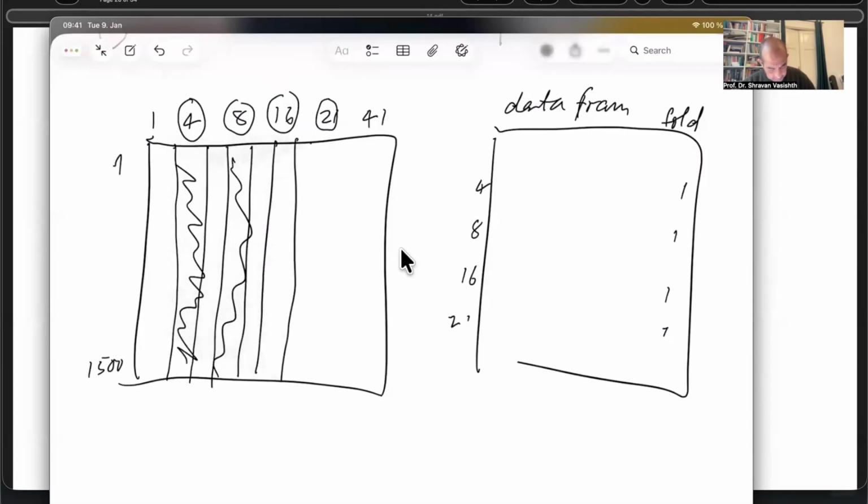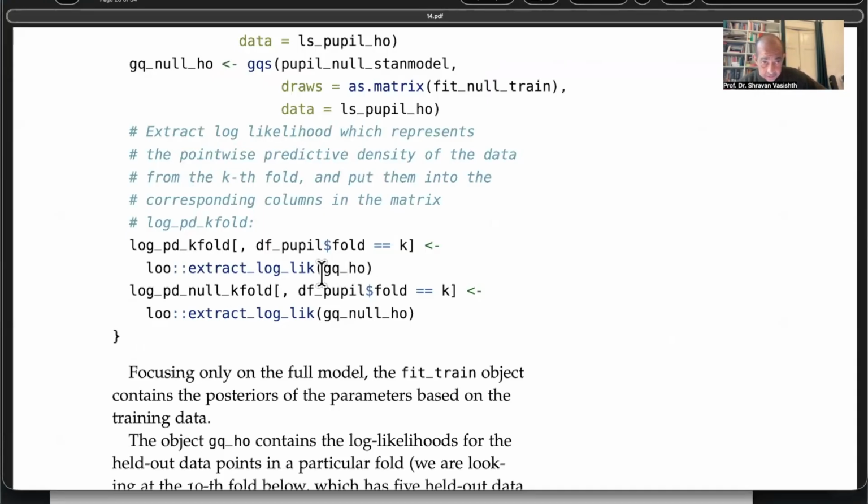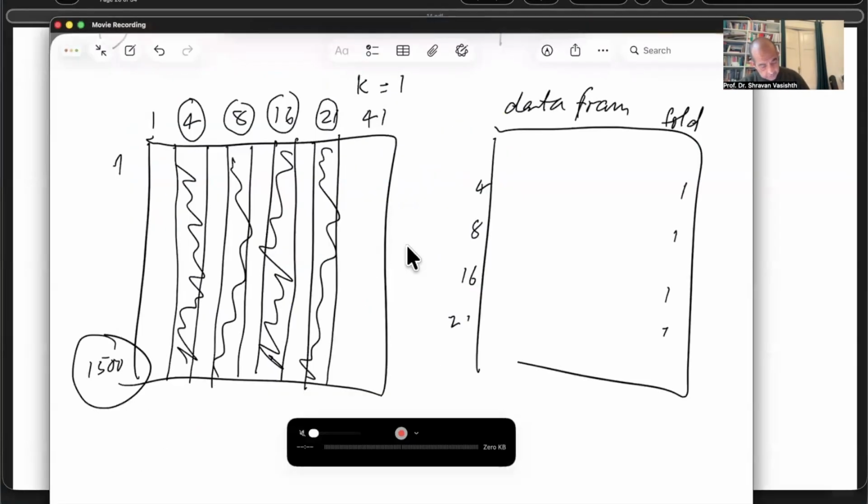Why? Because remember that each of these columns represents a vector with length 1500. So what I'm going to do is plug in the log likelihoods when k is equal to 1, where we have 4 data points. We just extracted the log likelihoods from the GQs object, and we've isolated the columns in the empty data frame that represent the 4 data points that I just circled here.